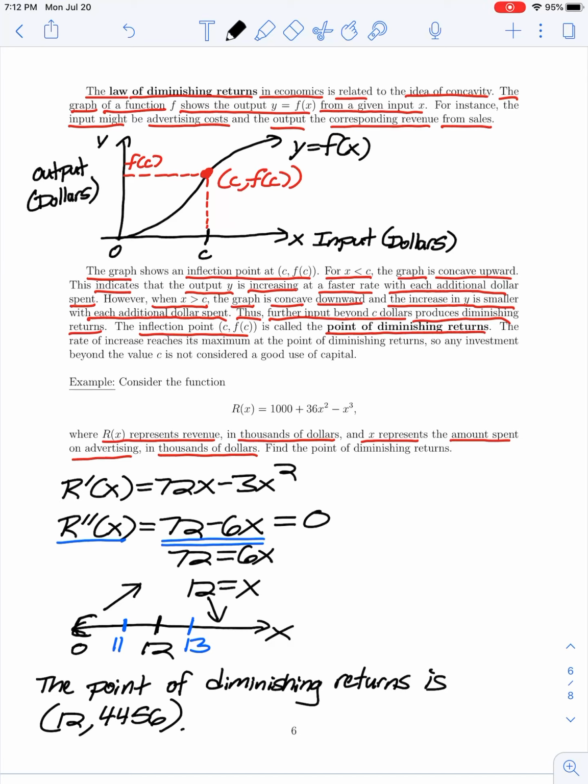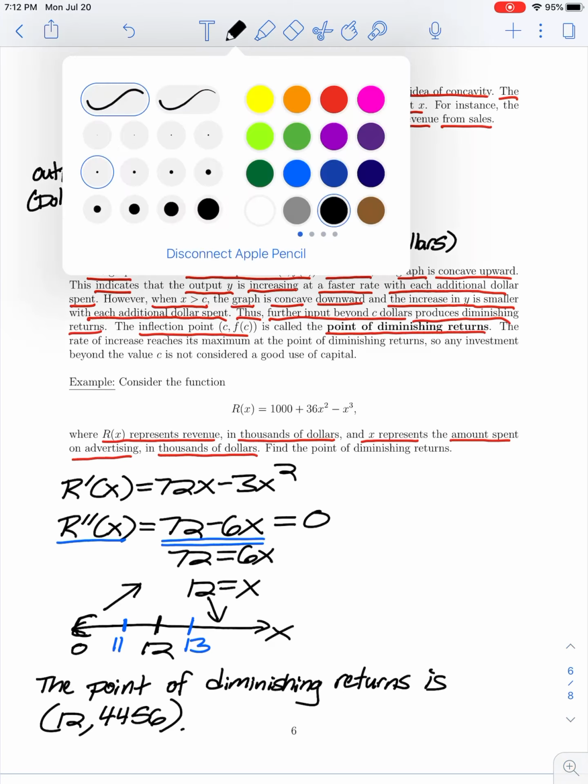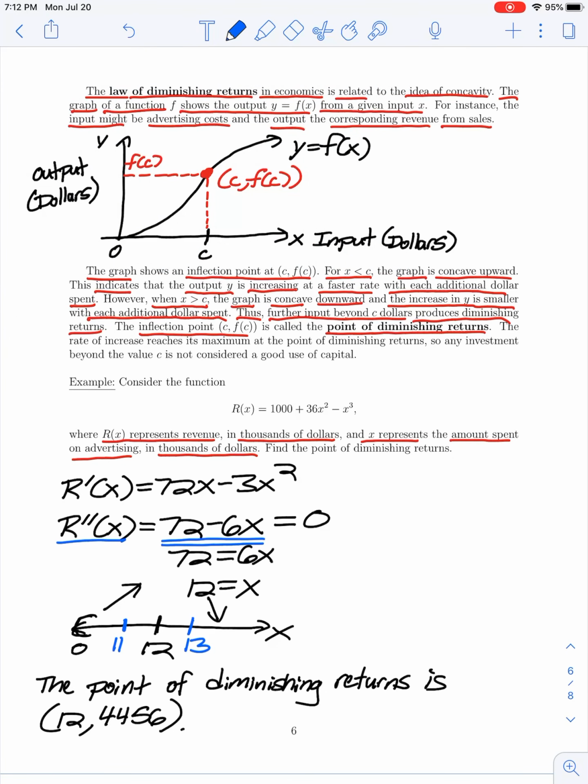So these values of x represented the amount spent on advertising in thousands of dollars. So this illustrates that we would not want to exceed $12,000 in spending on advertising.